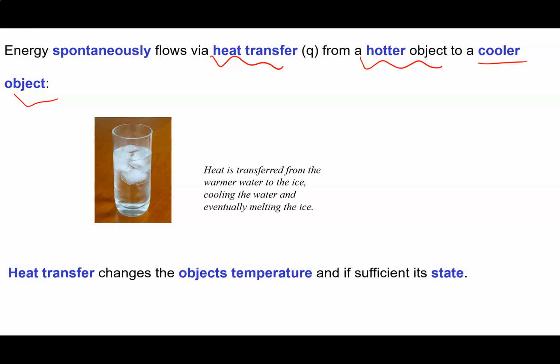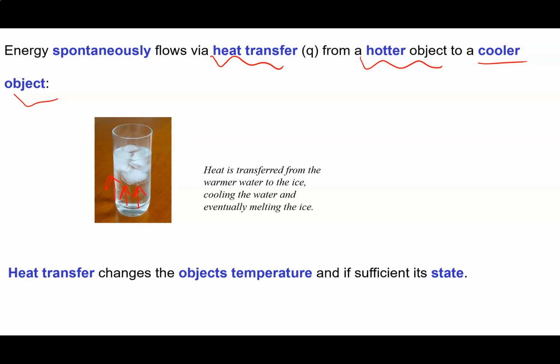So if I put ice cubes into a warm glass of water, what's going to happen is that heat will flow from the warm water into the ice cubes. And what happens? The water cools down, the ice cubes become hotter. So when heat is transferred, heat will continue to be transferred until both the objects are at the same temperature.